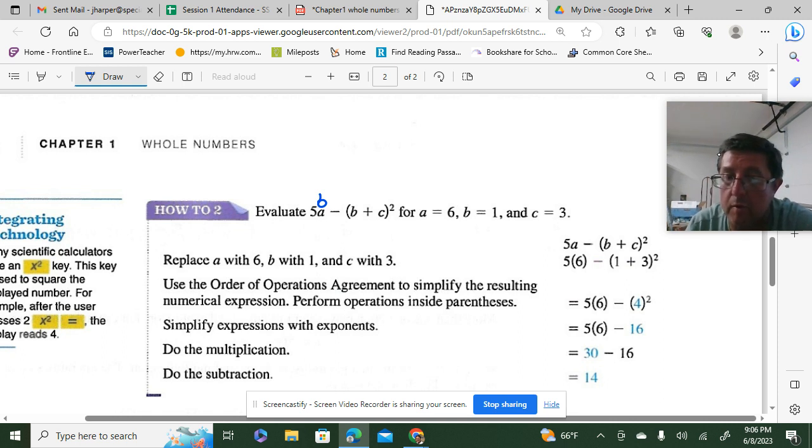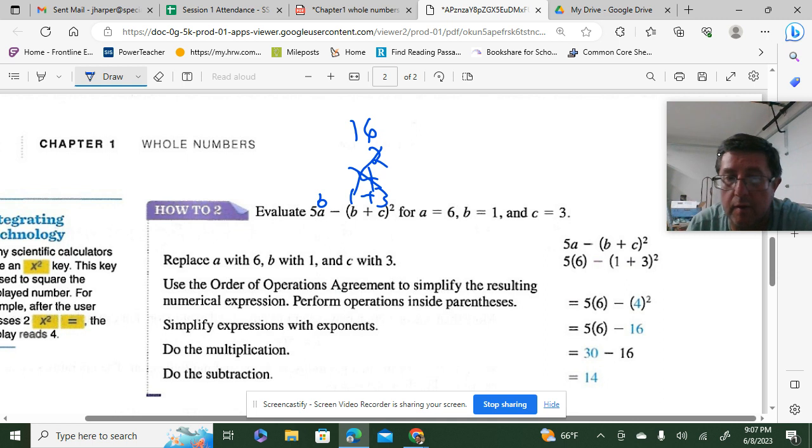Now, we're going to do b equals 1 plus c equals 3. So 1 plus 3 should equal 4. Then we square that. So now we have to do 4 squared, which should equal 16.